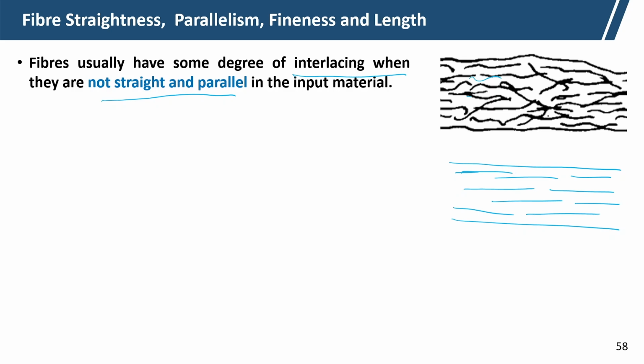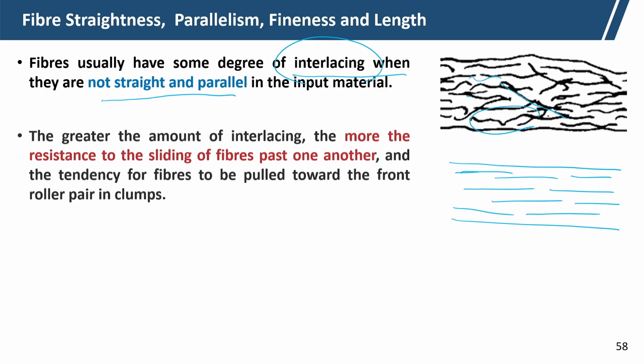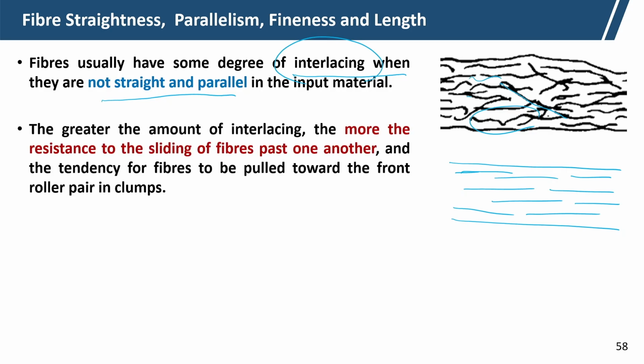Now, here fibers are not straight, they are not parallel, they are crossing, touching each other, interlacing. The greater the amount of interlacement, the more resistance to sliding past one another.